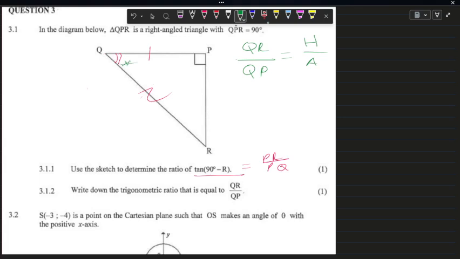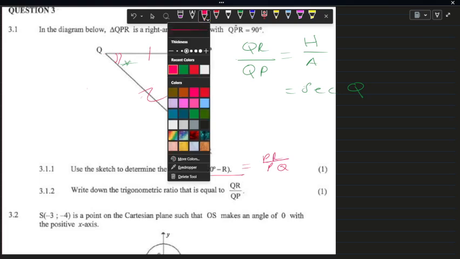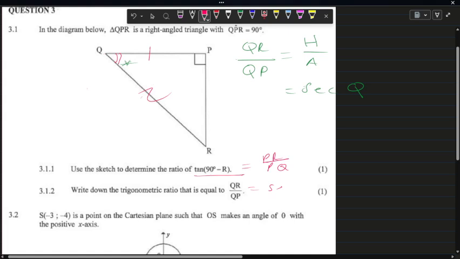Adjacent over hypotenuse is cos, but hypotenuse over adjacent is the reciprocal of cos, which is sec.